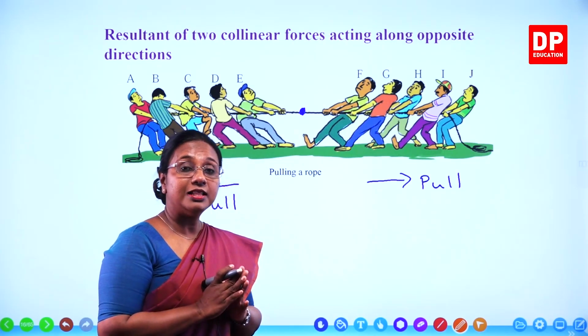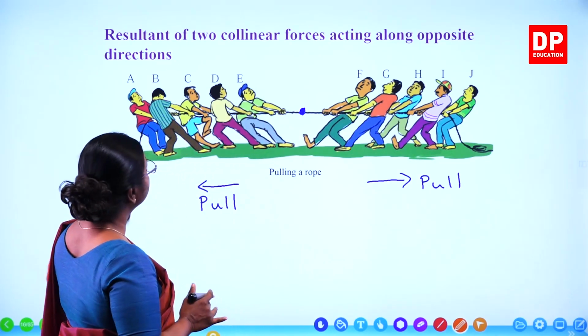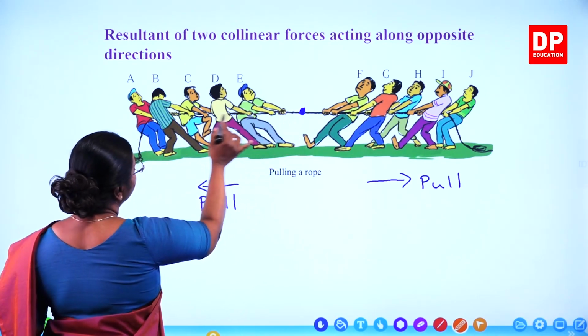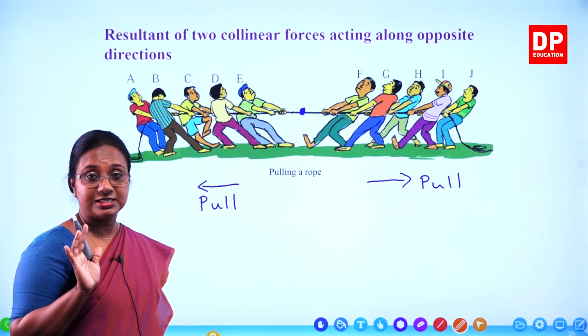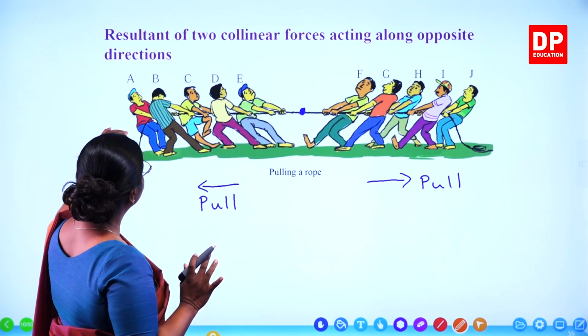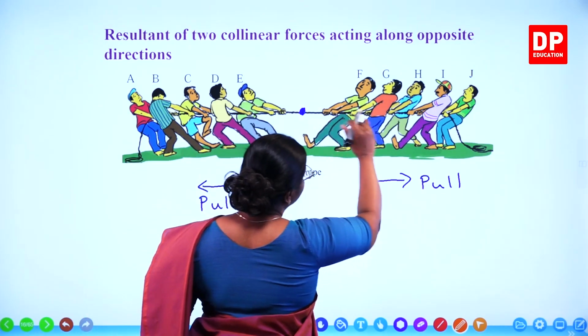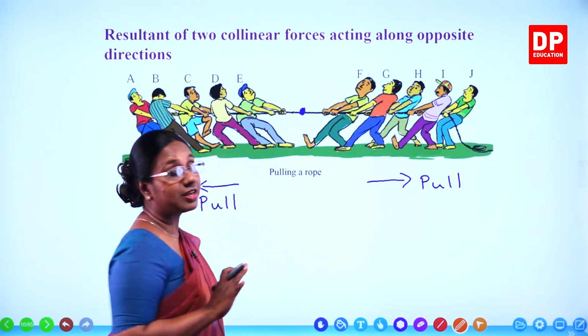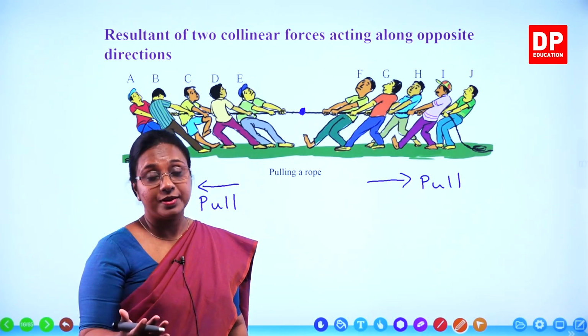So, then this group will win. So, here what are they doing? All are pulling. So, if these people pull, they are pulling the rope along this point. So, the line of action is the same. Their force is in one direction. This group is also pulling the same rope. So, the line of action is the same, but the direction of the force is opposite.